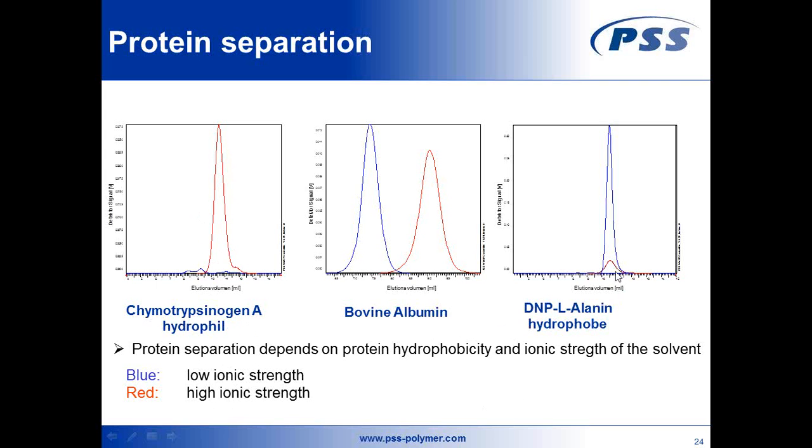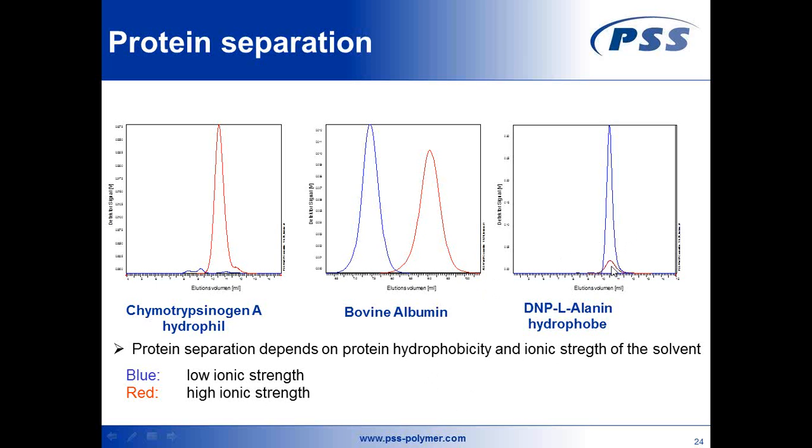Alternatively, on the right-hand side, you cannot take the message that it is always good to use a high ionic strength. On the right-hand side, when your protein is highly hydrophobic, and this is the case for the DNP-alanine, and you work at too high an ionic strength, then you get the vice versa results.